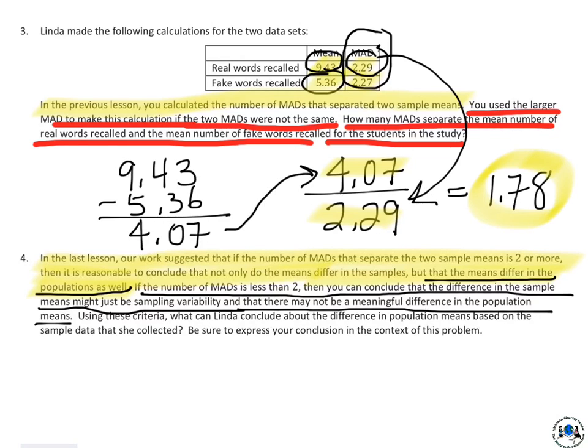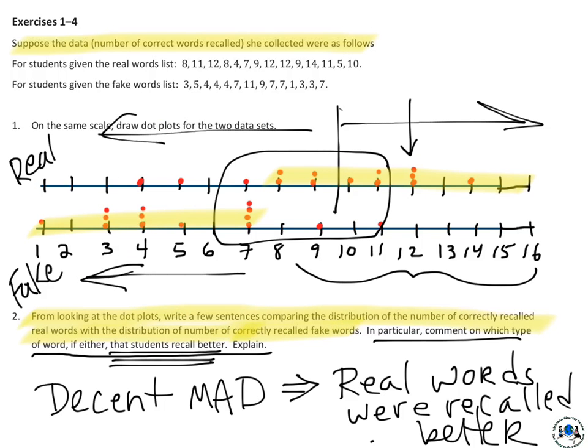Despite the fact that looking at this says, wow, pretty clearly they recall the number of real words better than they do fake words, we have to reject that idea, okay?